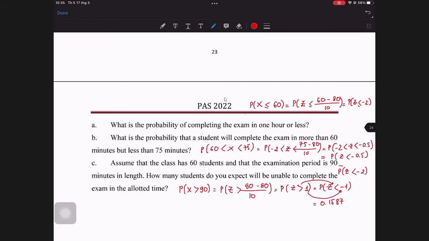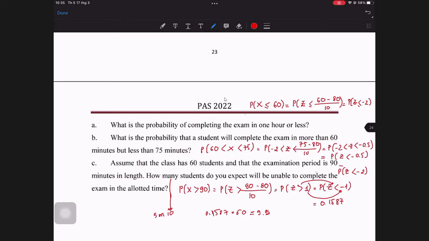So what we have here is just to take 0.1587 multiplied by 60, and then you have something like 9 point something. I think that it should be 9.5. So the answer to this question is either 9 or 10 students.